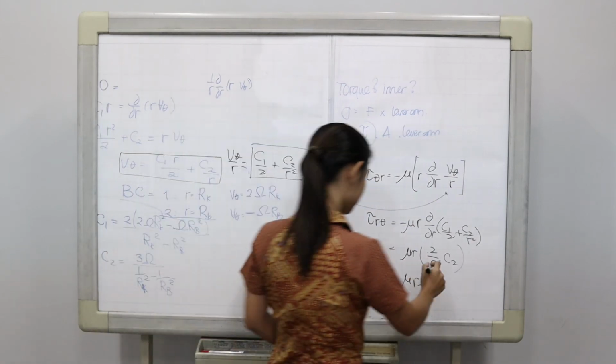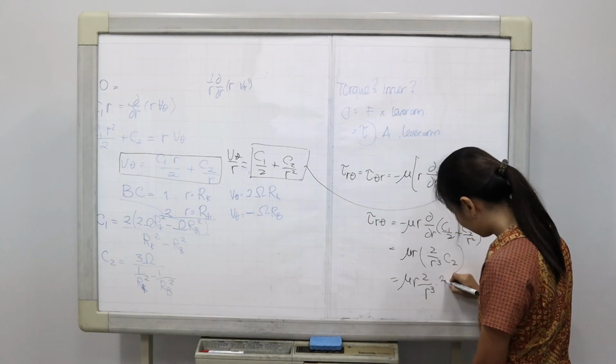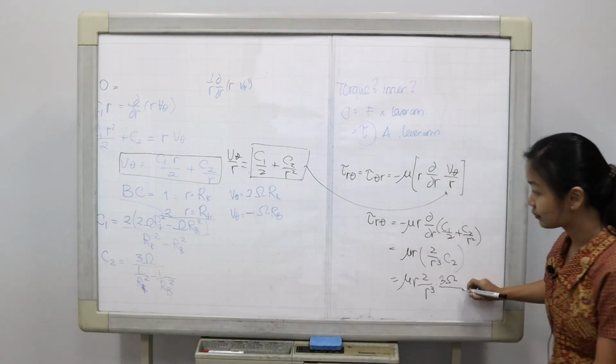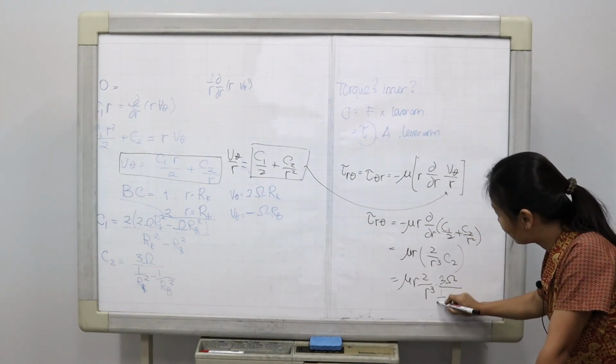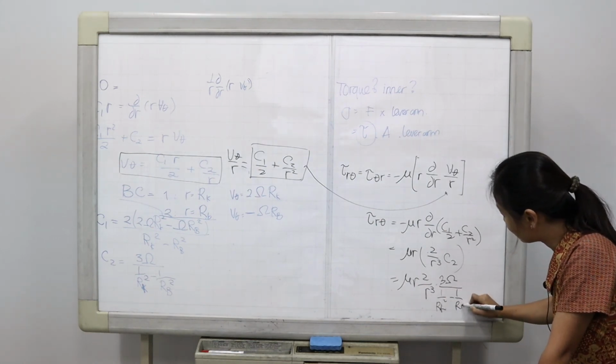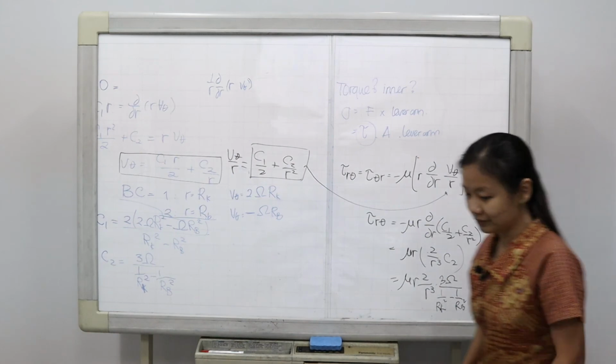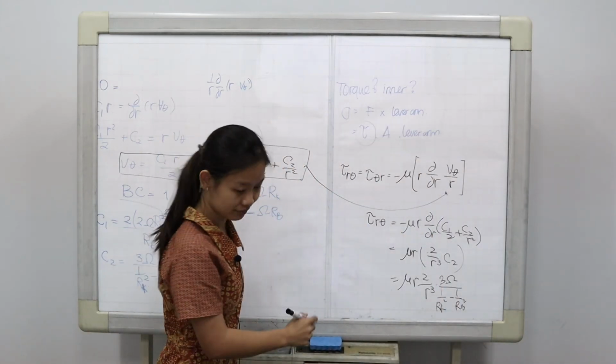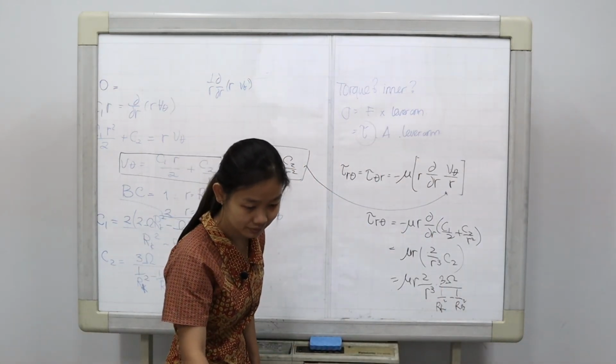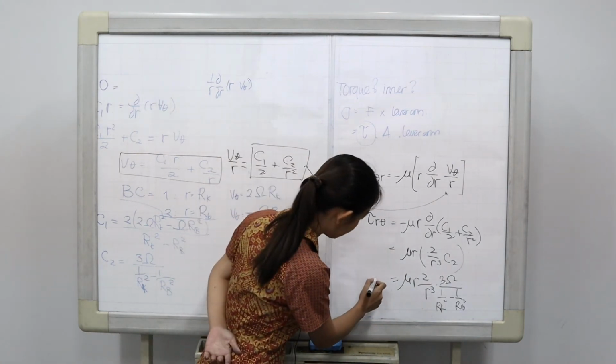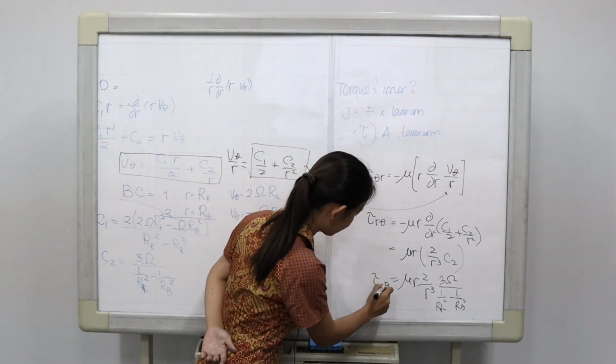C2 is 3 omega divided by 1 over rk squared minus 1 over rb squared. Yeah, I think this is tau r theta.